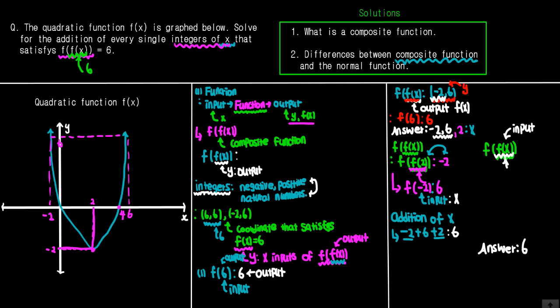But then the output of our function soon turns into the input of our function from our f of x. So we can see that from the big composite f function, the inside f of x becomes the input of our function.